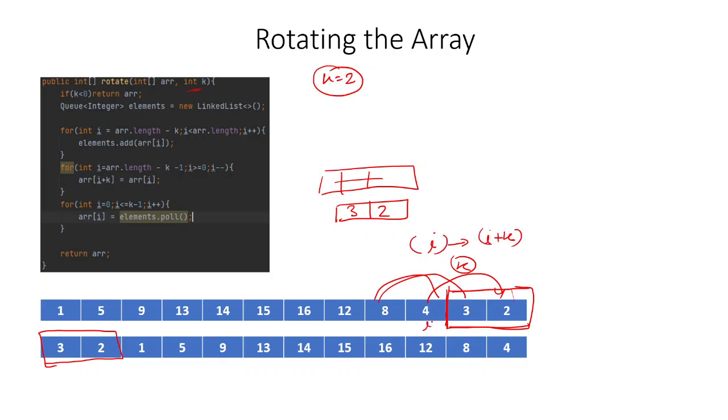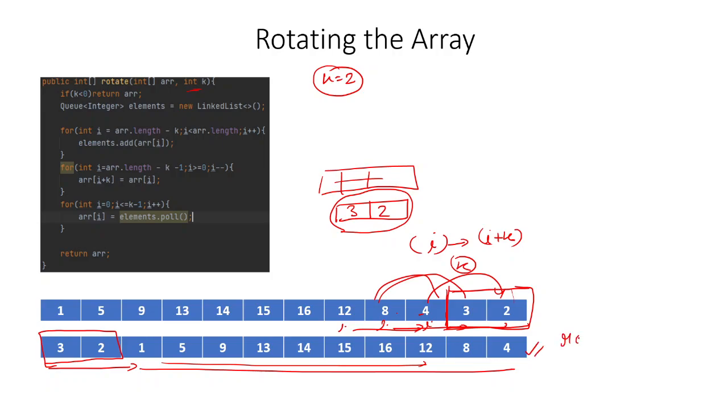So this is I plus k, this is I plus k, this is I plus k. This way I have moved all the elements. See, 1, 2 and this 4, everything is shifted to the right. Then I have taken all the k elements and pasted them here. So this is our final rotated array.